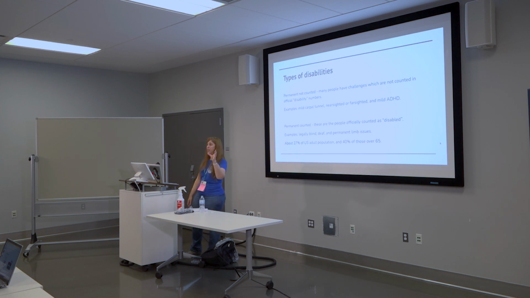Over 60% of adults have prescription eyeglasses, but they're not counted. 60 is a whole lot more than 27%. They're not counted, but if they take off their glasses, they're squinting at the computer screen trying to read it. Guess what? They have poor vision. The same thing that helps them helps someone who's actually legally blind and in the counted group.